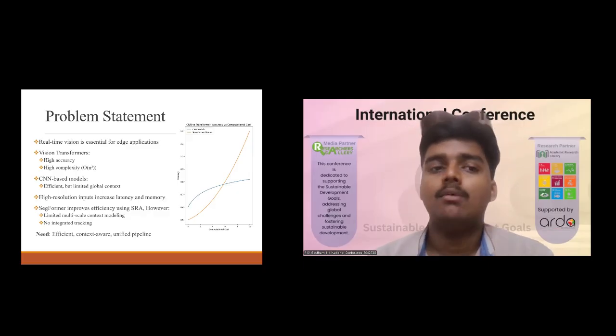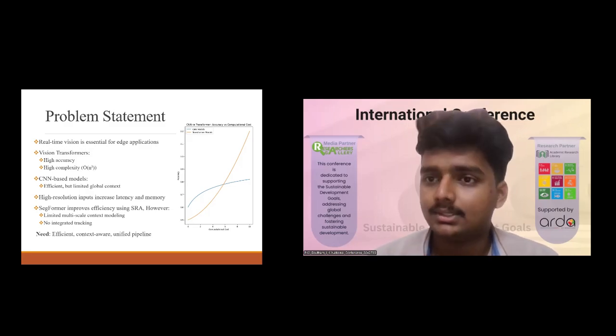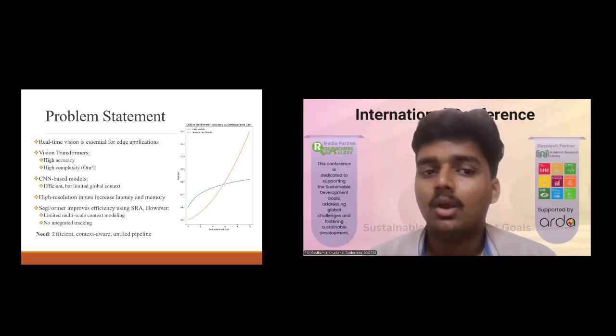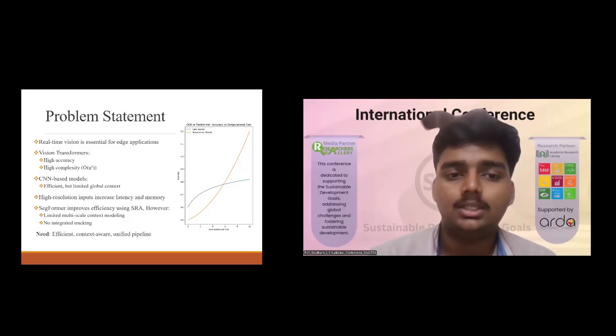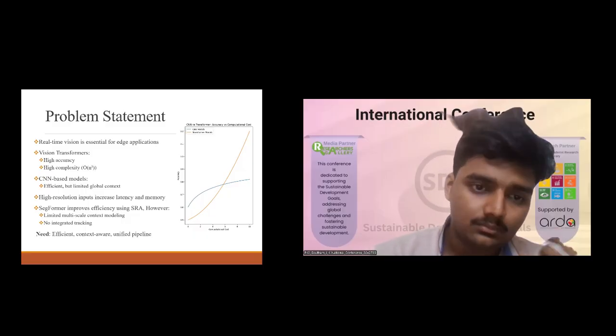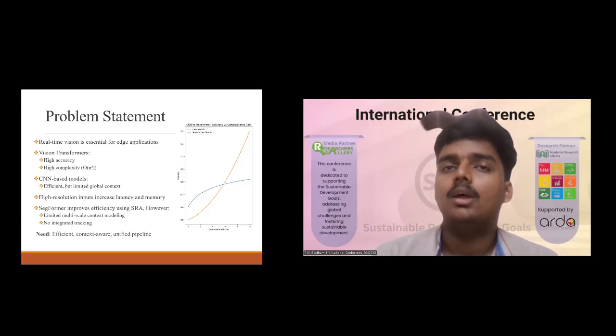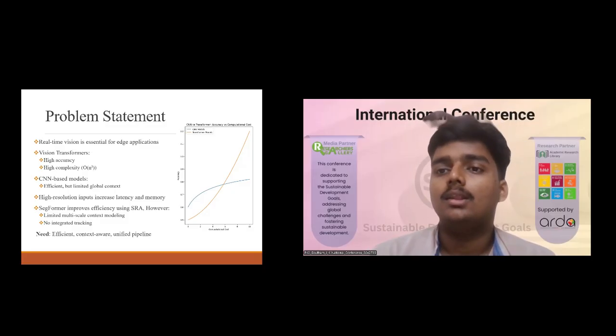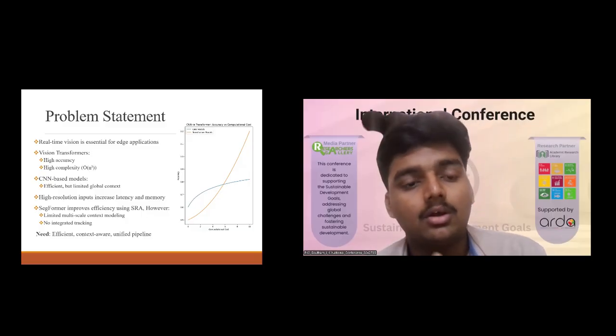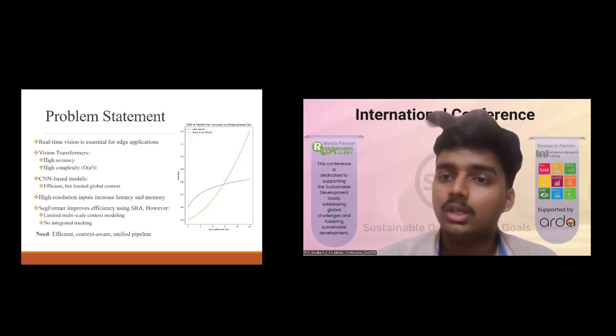Vision transformers have high accuracy and high complexity, close to n square complexity. CNN-based models are efficient, but they have limited context. The number of classes, or the scope of the CNN models, is much more limited.